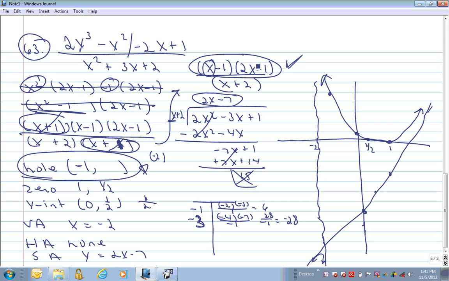If I take a negative 1 here, I have a negative 2 and a negative 1 is a negative 3. And in the bottom, if I have a negative 1 and a 2, I have a positive 1. So at the top, 2 times 3 would be 6. 6 over 1 would be 6. And all of a sudden, our hole in the graph would actually be at negative 1, 6, which was right there, and that would be a little hole in our graph.